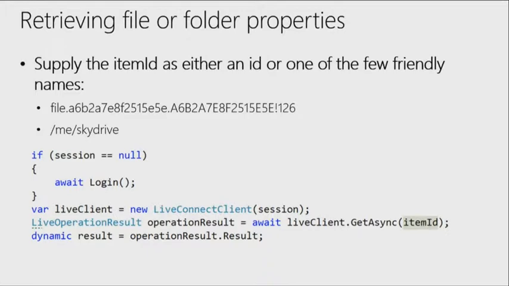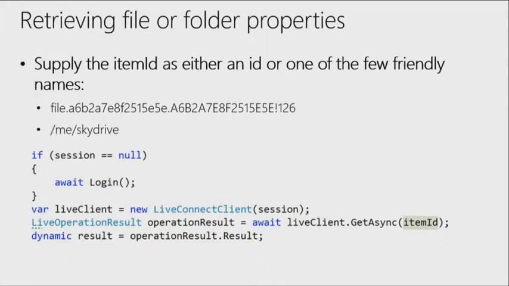Correct. So what we show here is just a little piece of code that shows how we're using, if our session, which is the session ID that Jerry's login normally returns, is equal to null, then we're going to go away and call login, because we need to have a valid session before we come in. Now this is a little bit of naive logic, because it assumes that if you hit login that you log in, but for demonstration purposes that's what we need. We're using that session then to create a new Live Connect client.